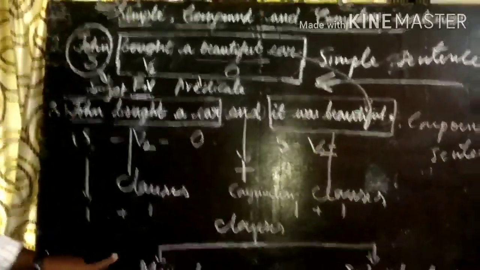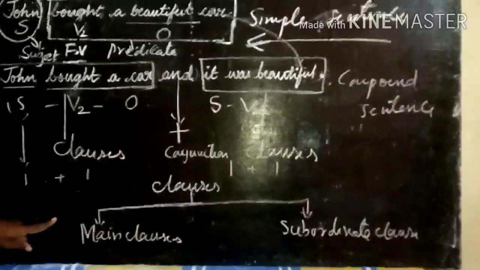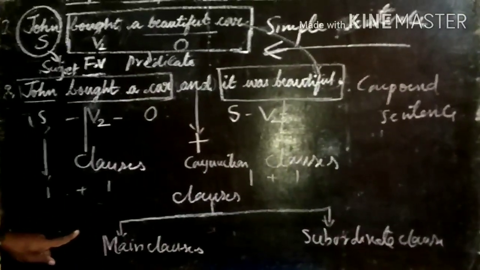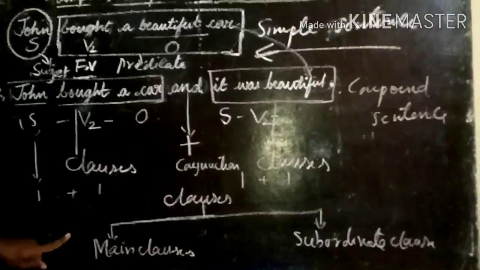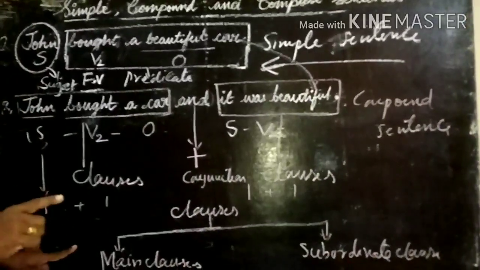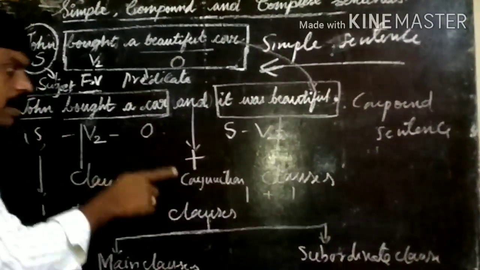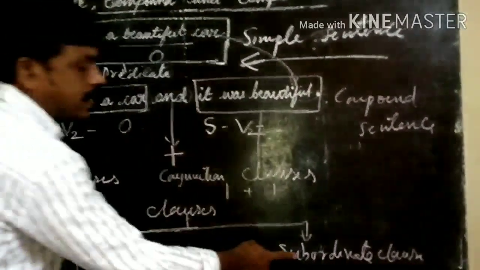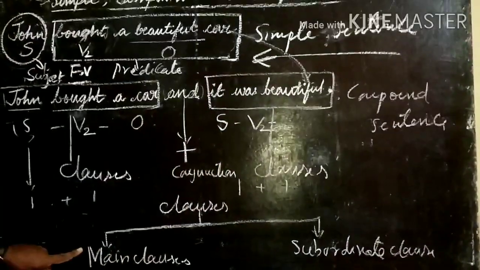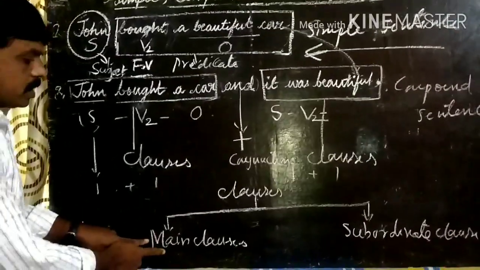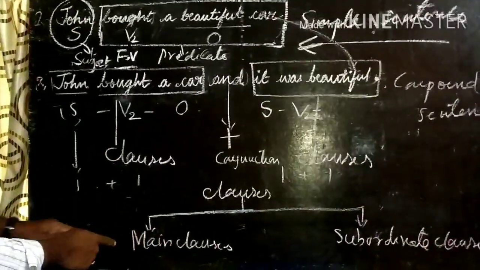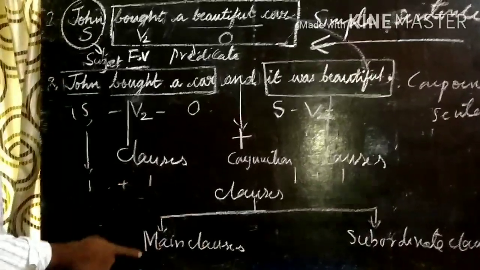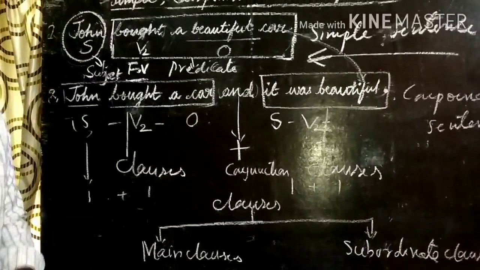A clause is nothing but a sentence, or like a sentence that consists of a subject and predicate. Right? These clauses are divided into two types: main clause and subordinate clause. What is a main clause? A main clause is a clause or a sentence that has a subject and predicate of its own, making complete sense.